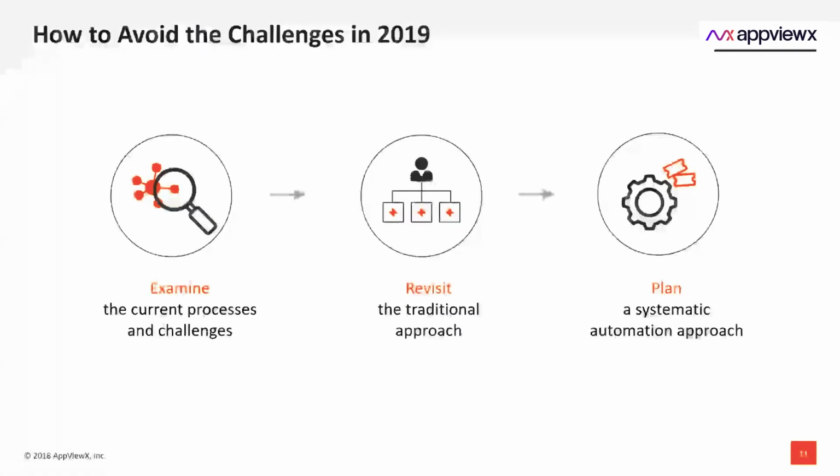The first thing is we need to look at the current processes and current challenges, because each enterprise has its own unique set of challenges, and what works for one might not work for another. That understanding should come from the team. And then look at the traditional approach, revisit it as to how we can address those, and plan for a systematic approach.